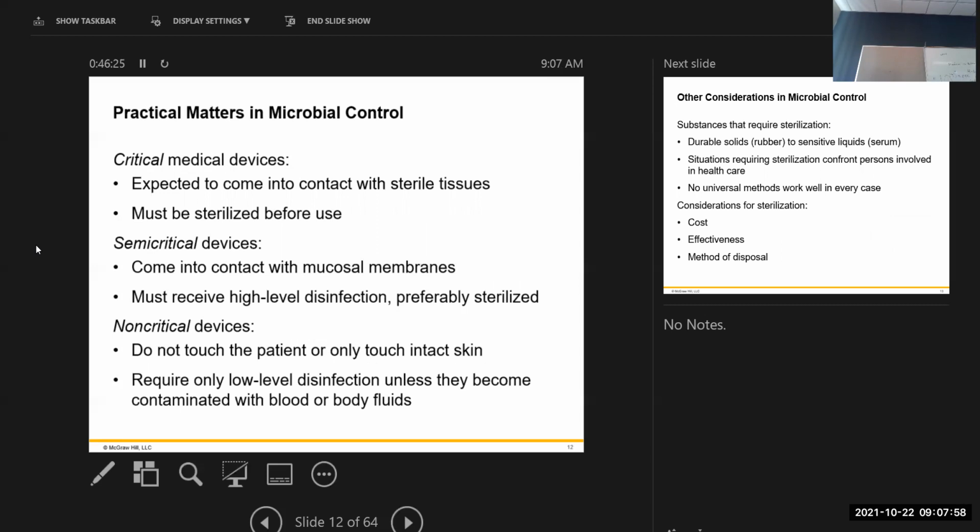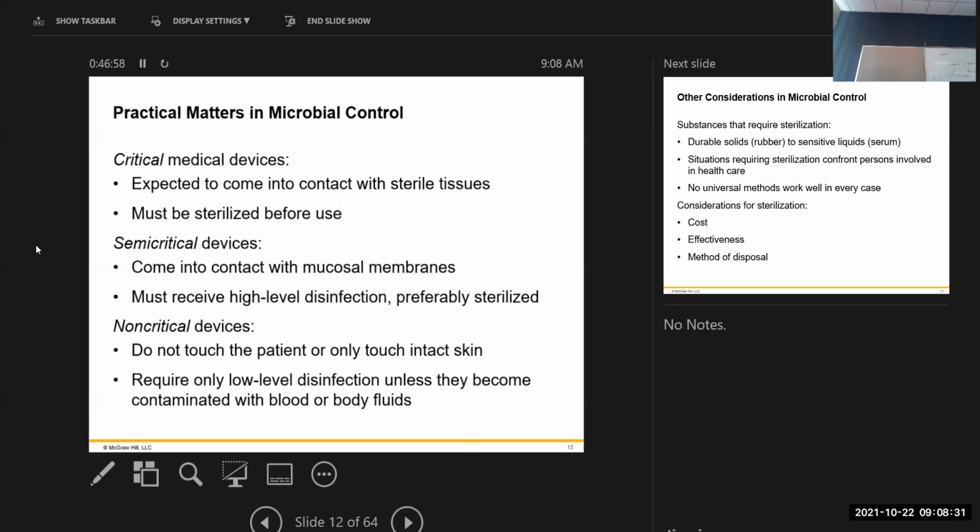Are mucosal membranes sterile? No. They must receive high-level disinfection. When you take a G-tube out of its package, it's sterilized, and you insert it, and they're disinfected. So high-level disinfection, and dentures would be examples of semi-critical devices.